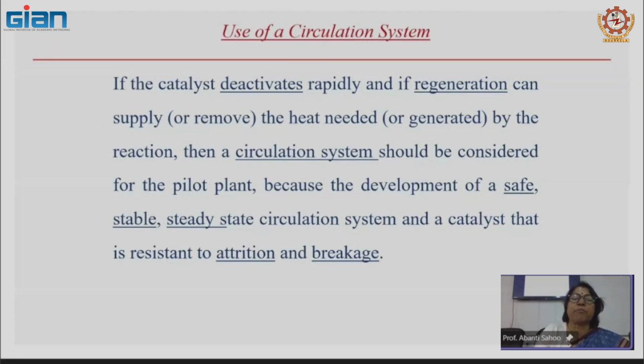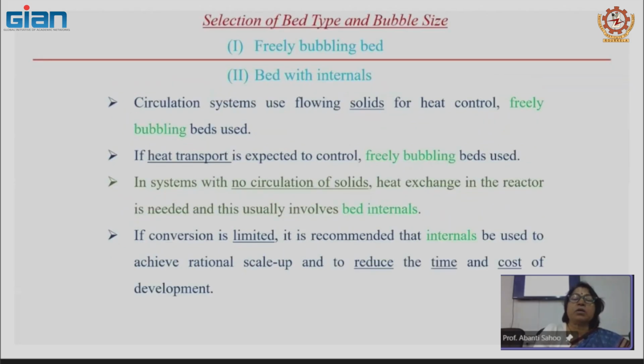Sometimes the bed type is a freely bubbling bed with internals. Freely bubbling means that if bubble formation is there, the solid particles will be moving up along with the bubbles. When the bubbles break, particles will scatter and move in the radial directions. That is why during fluidization both vertical movement as well as radial movement of the particles remain.